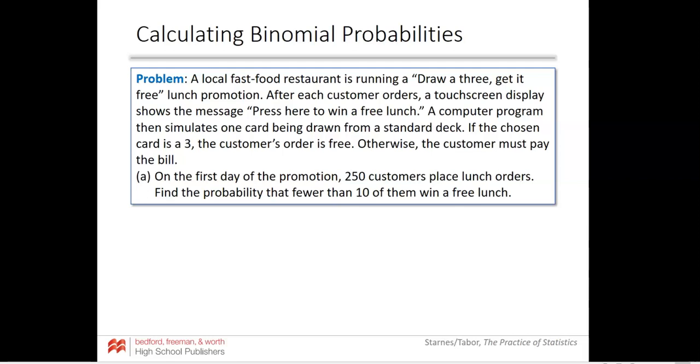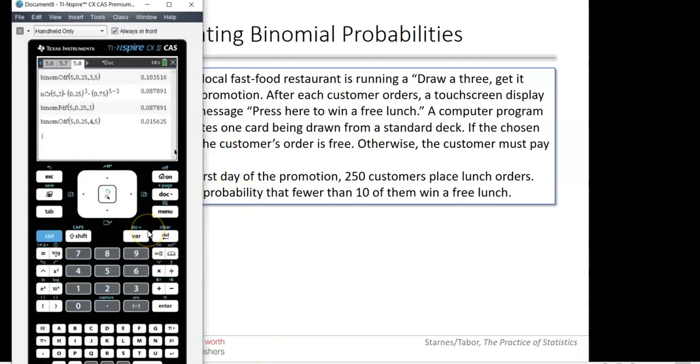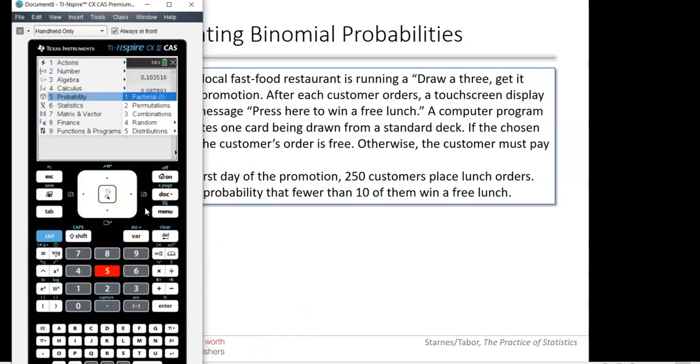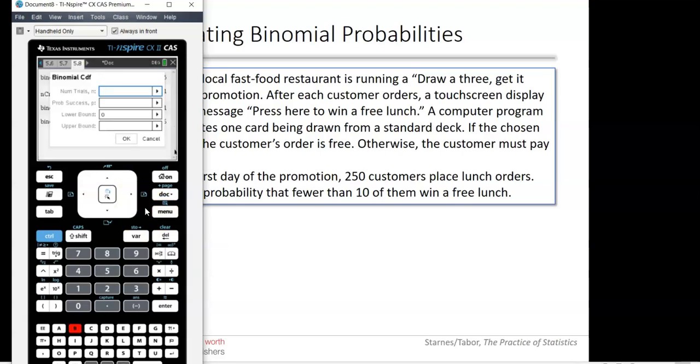So you could do this using the calculator, right? That's a range of values there. So we're going to say menu 5, 5, and then B. So the number of trials, 250, I guess, right?